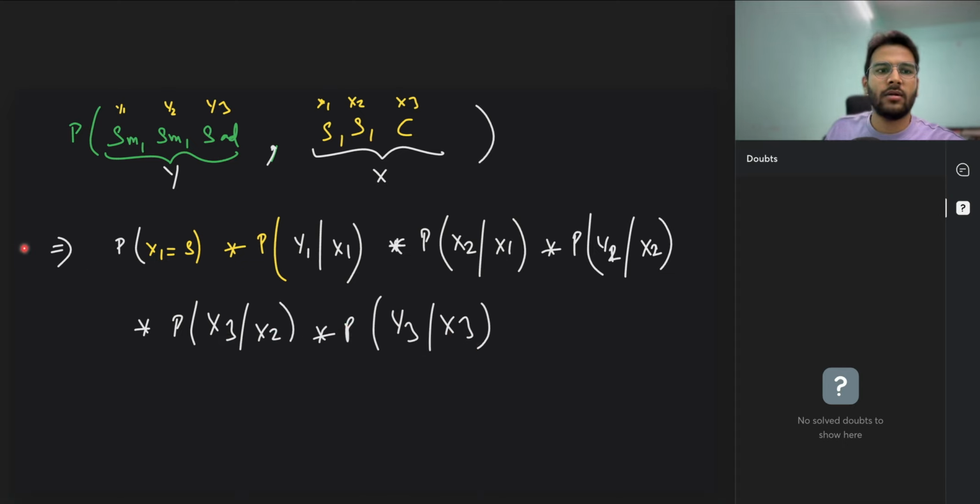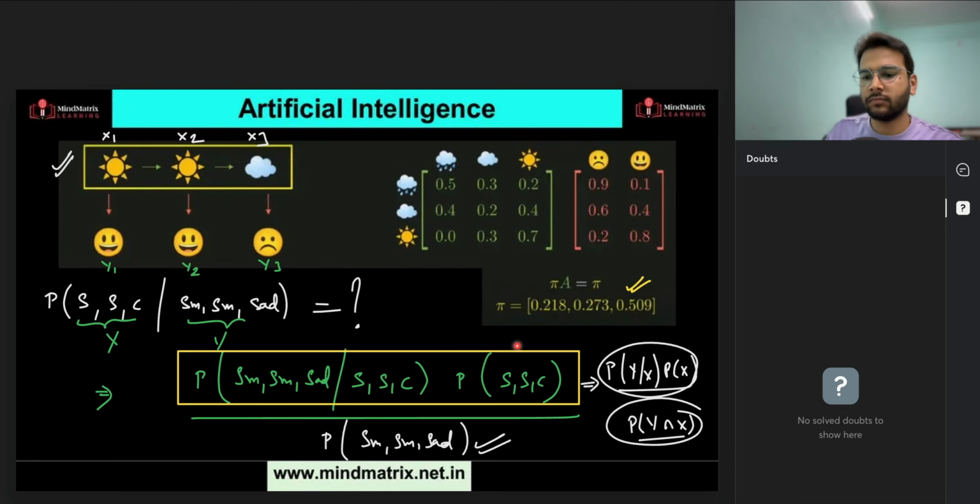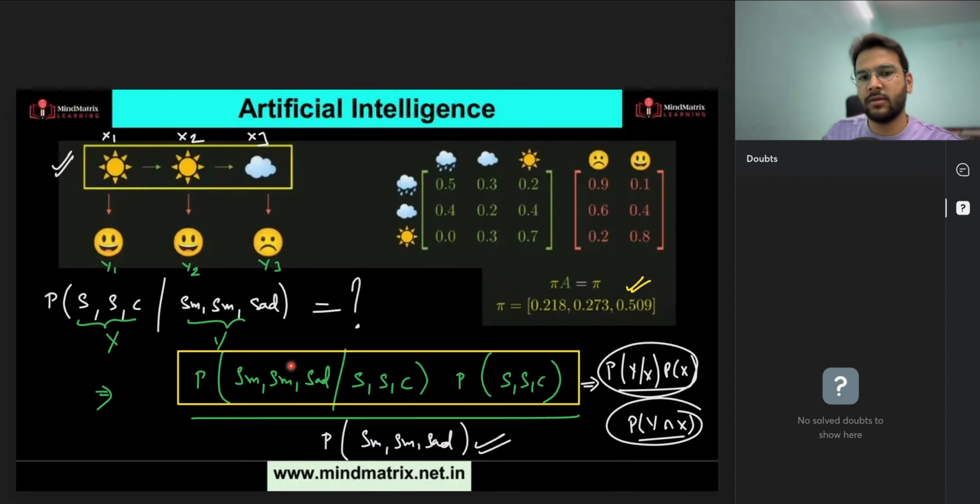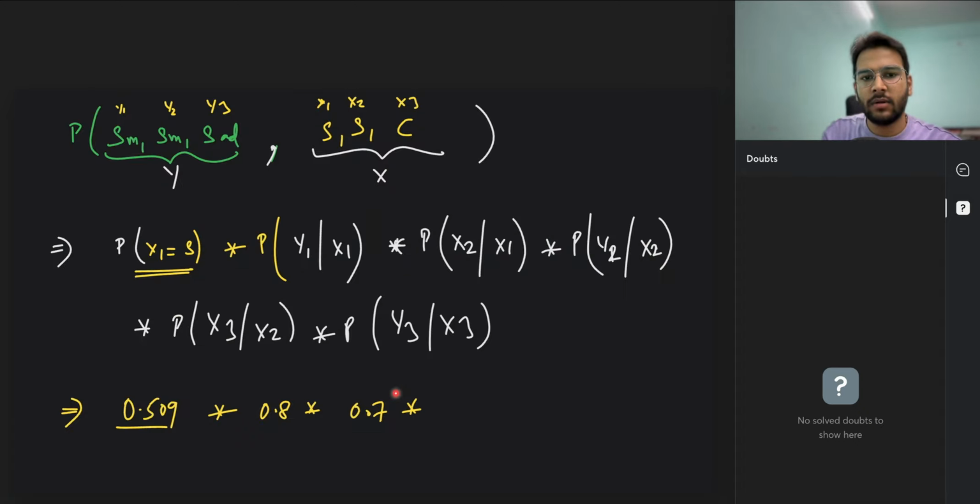So probability of x1 being sunny is nothing but 0.509, using the stationary distribution, and the rest of the values you can find from the matrices. So it is going to be: y1 given x1 is 0.8, then 0.7, then y2 given x2, that is also again 0.8.